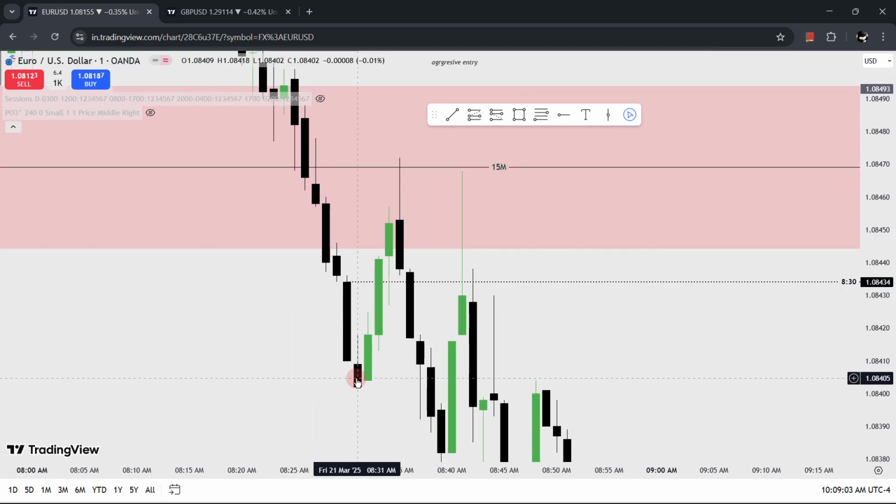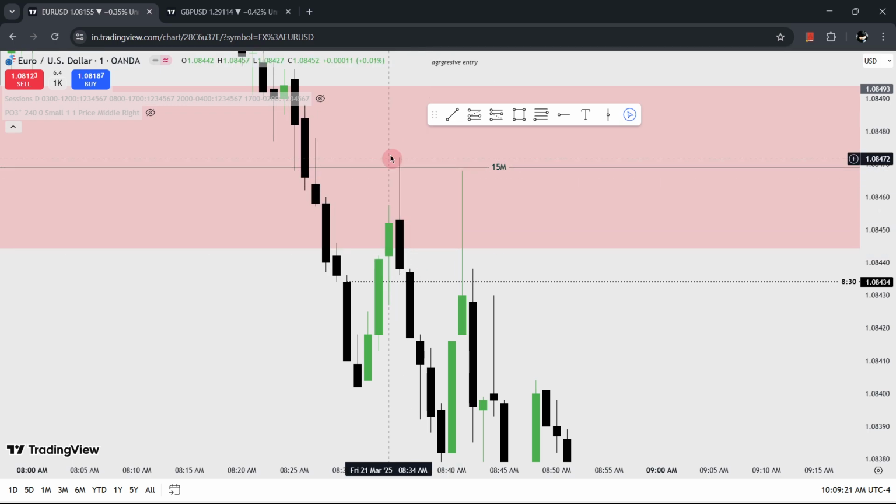When it went again to this IFVG, you see it respected the midpoint. Nobody closed above the midpoint of that 15-minute IFVG.